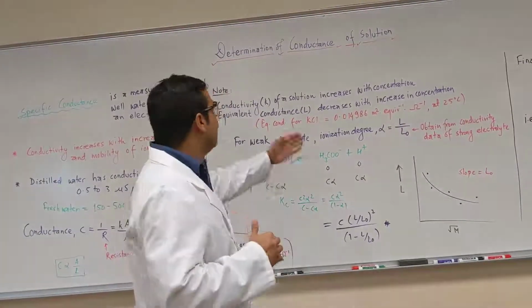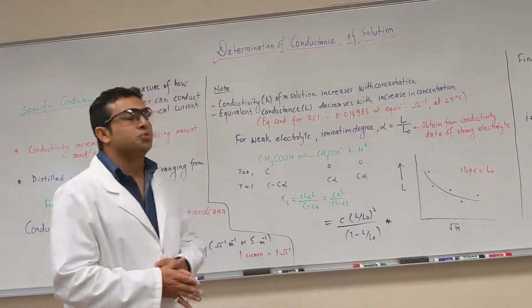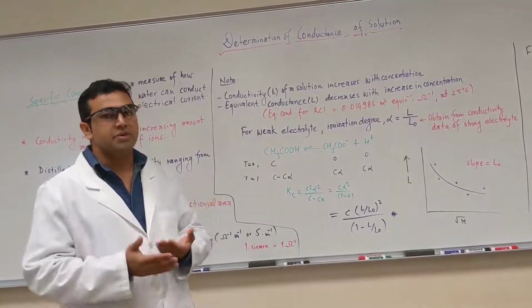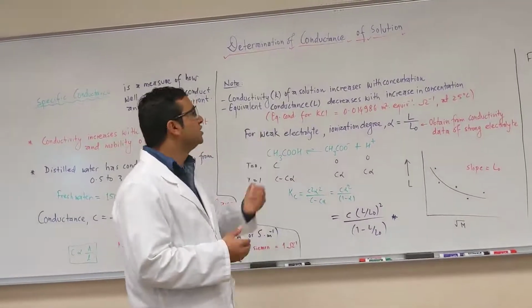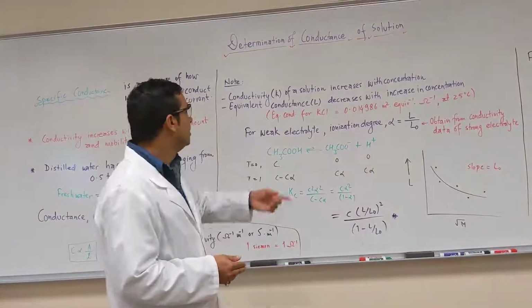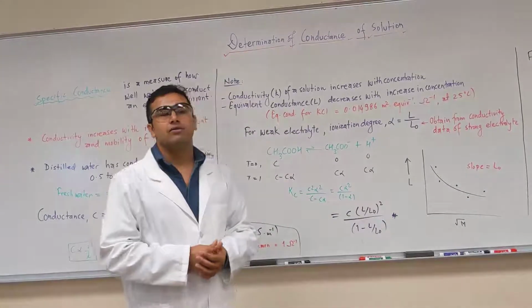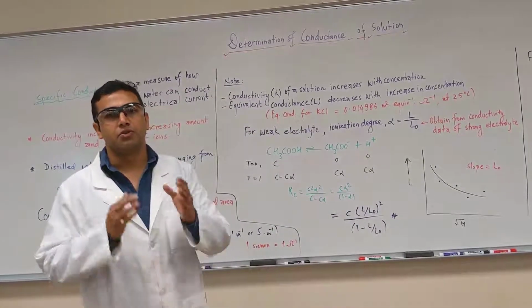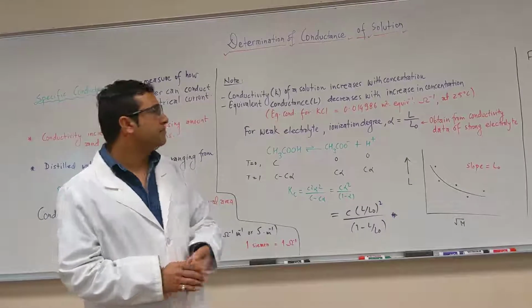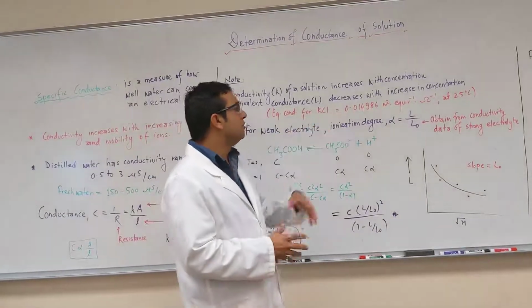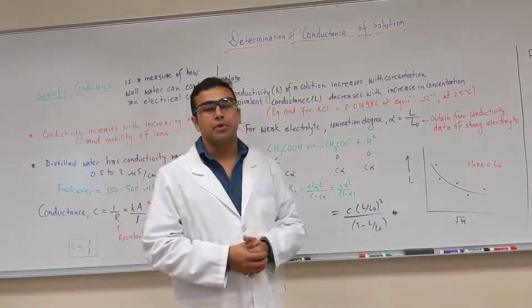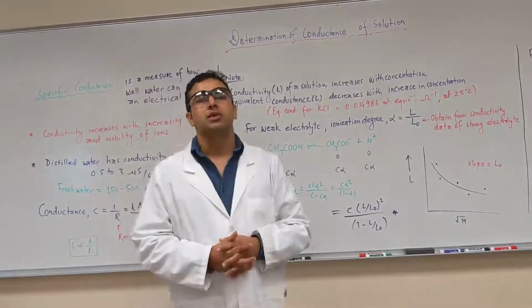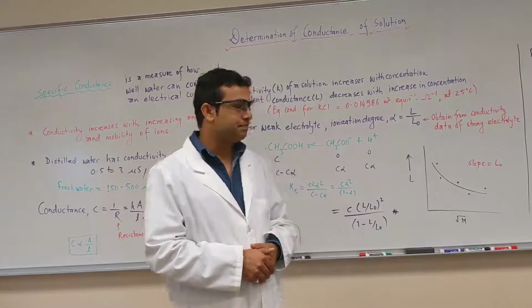So you can see conductivity increases with the increment of concentration, whereas equivalent conductance decreases with the increase in concentration. And the equivalent conductance of KCl, potassium chloride, which is one of the solutions that we are using today, has the value of 0.014986 meter square per equivalent per ohm at 25 degrees centigrade.